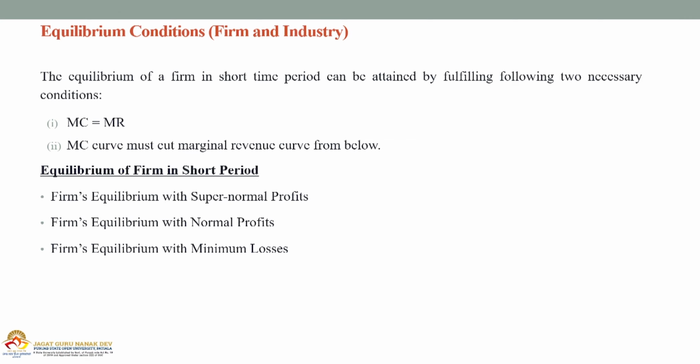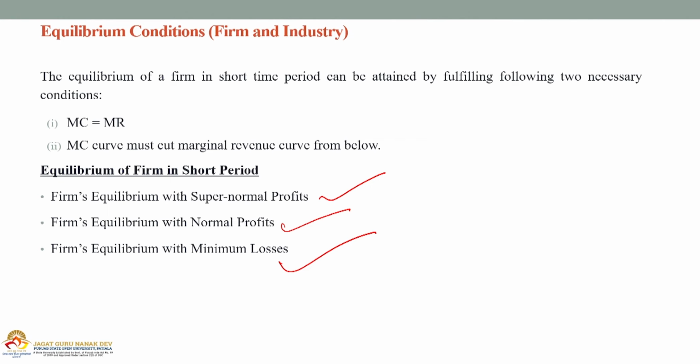When we are discussing the equilibrium of firm in short period, there are three possibilities. Firm's equilibrium with supernormal profits, firm's equilibrium with normal profits, and the last is firm's equilibrium with minimum losses.